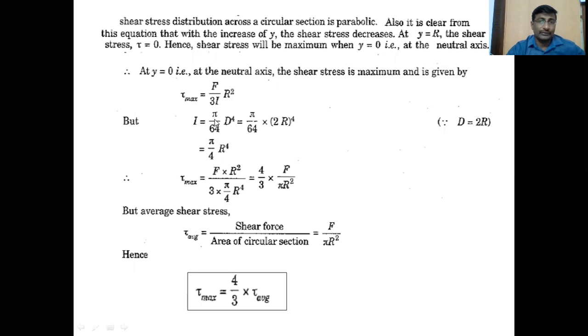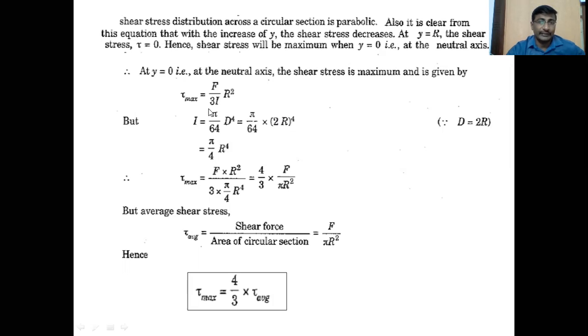But I is equal to pi d⁴ by 64, the moment of inertia of a circular section. In place of d, you can replace 2 times the radius to the power 4. 2⁴ is 16, 16 by 64 is 1 by 4, so pi by 4 r⁴ is the moment of inertia in terms of radius.